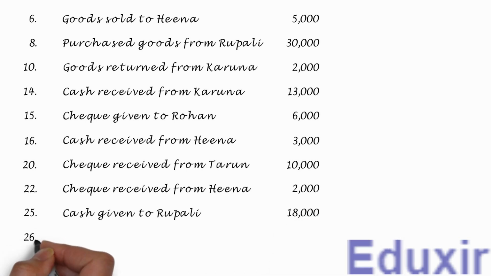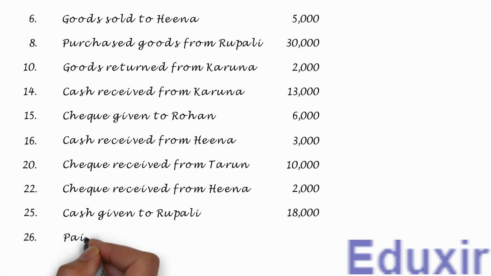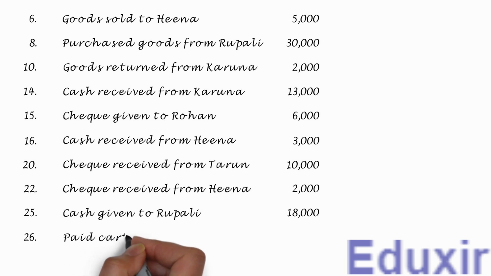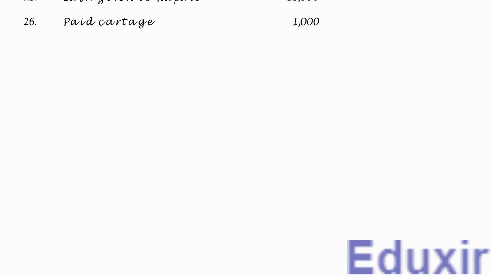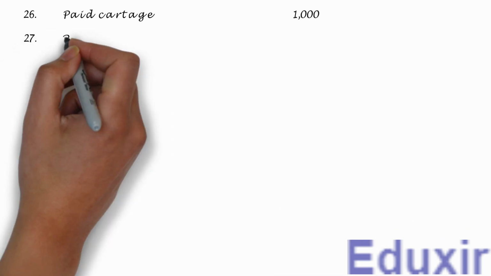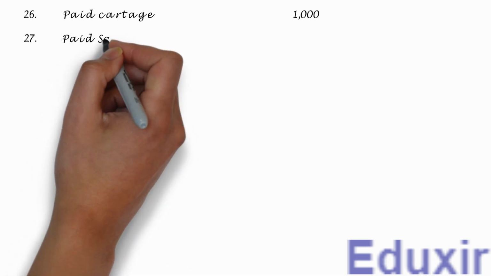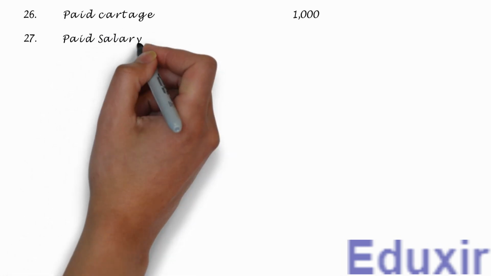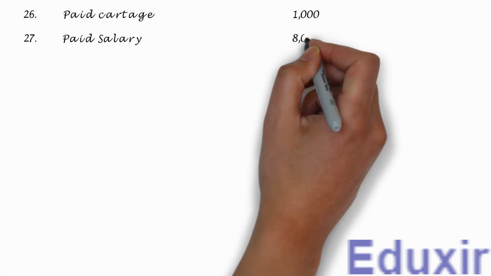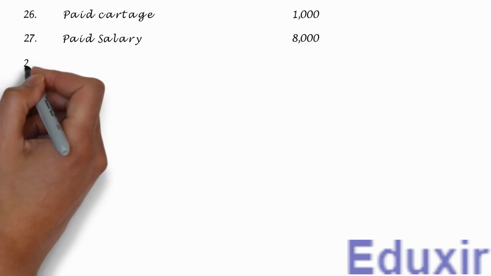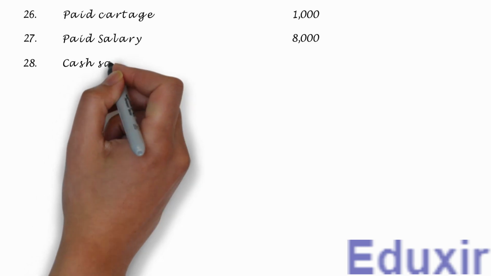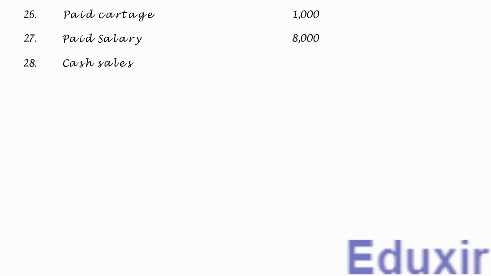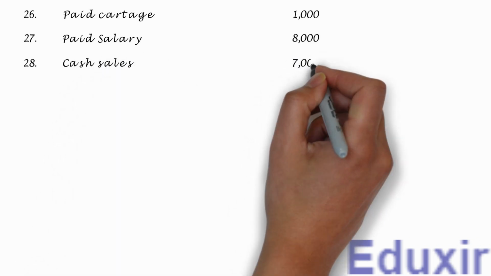On 26th January, paid cartage 1,000 rupees. On 27th January, paid salary 8,000 rupees. On 28th January, cash sales 7,000 rupees.